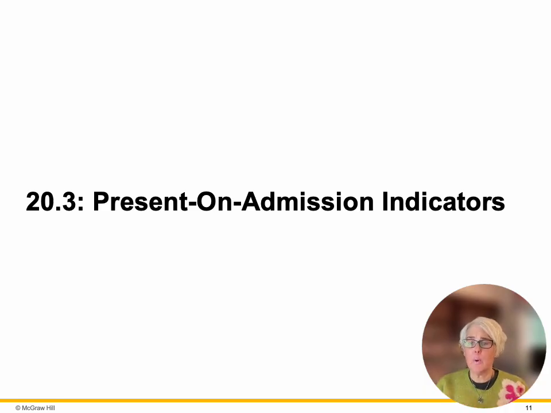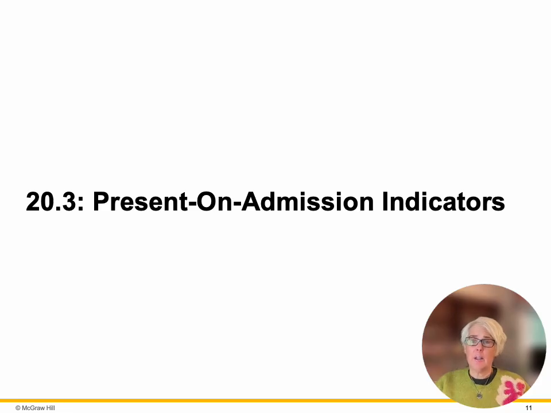As coders, we're responsible for assigning POA flags that accurately reflect the documentation. So this is a really important skill to build. You don't want to forget to note that POA indicator on the diagnosis.